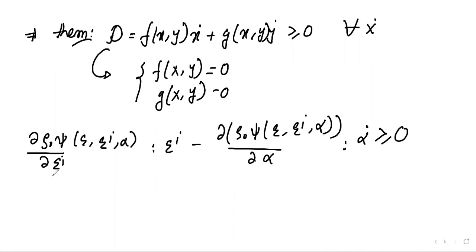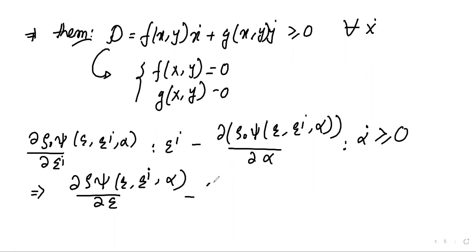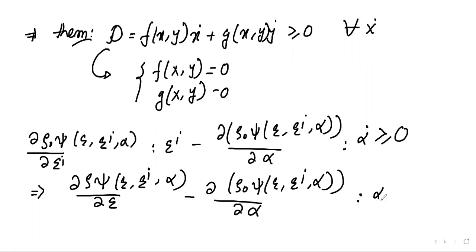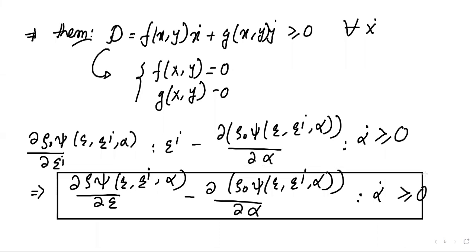This del rho psi over del epsilon I, the derivative of rho psi with respect to epsilon I, is the same as del rho psi of epsilon I, alpha with respect to epsilon, minus del rho psi of epsilon I, alpha, del alpha, contracted with alpha dot, greater than or equal to 0. So this is the constitutive form or inequality with respect to psi.